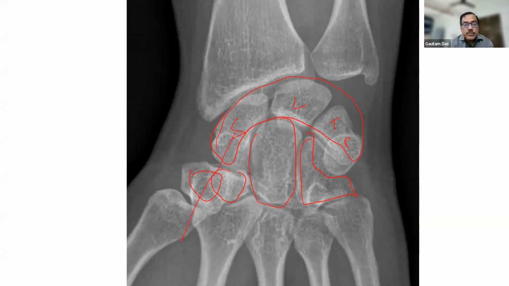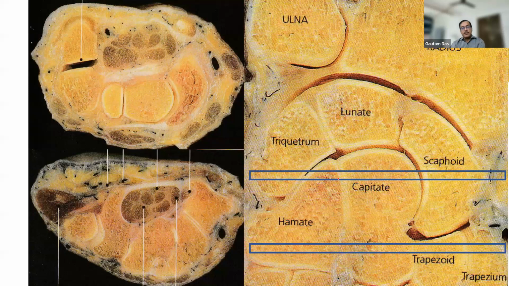Here it is articulating with these two, here with these, and here with these two bones. So scaphoid is articulating with the first and second metacarpal bones. Lunate and capitate are articulating with the third one, and your triquetrum and the hamate are articulating with the fourth and the fifth metacarpal bones. Now, if you have a cross section, this is again very important.